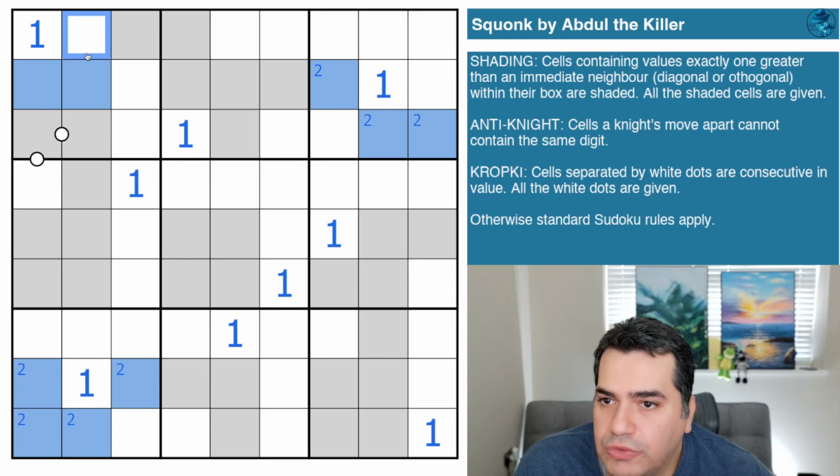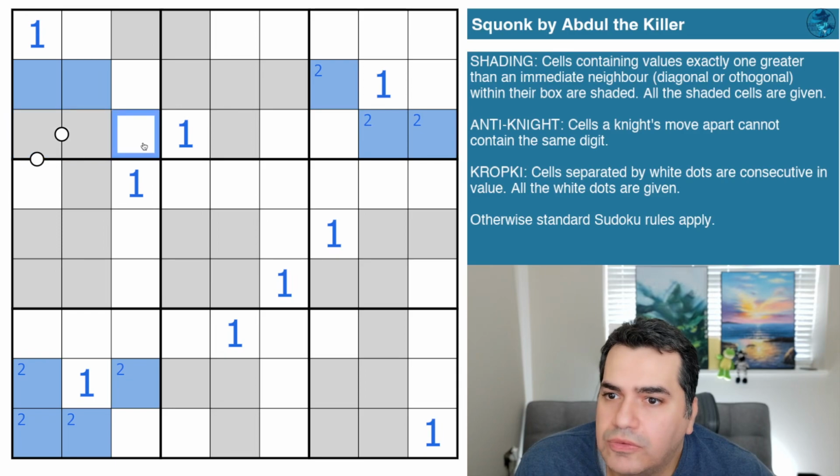Couldn't be in there because it would have to be shaded. Couldn't be in there because 1 is nowhere near it. And only these 2 can now be 2s. Incredible. Because they're unshaded and they're not near a 1 in the same box.